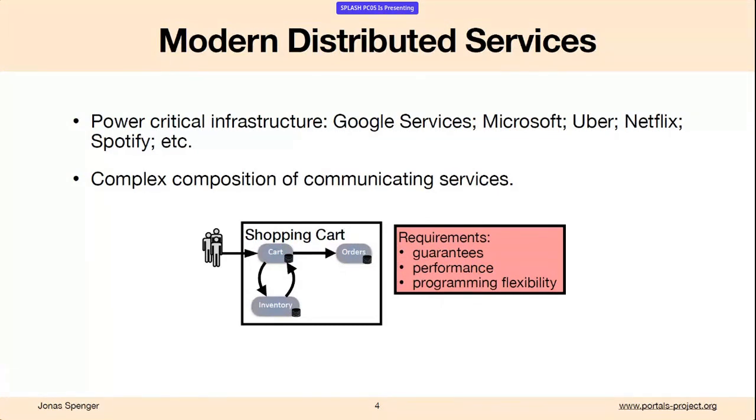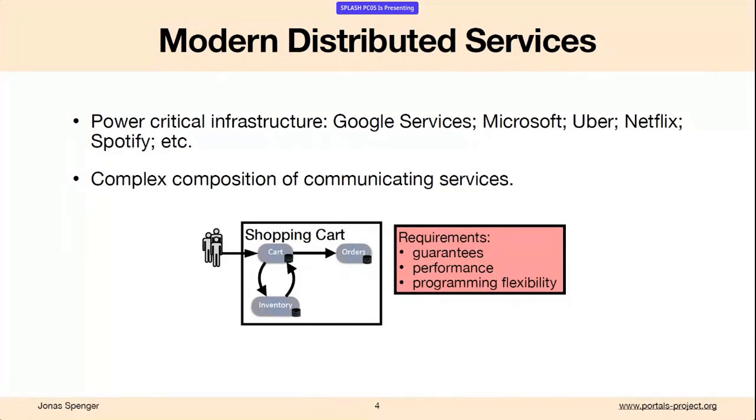For these types of applications, we usually have three requirements. One is the guarantees, and here I will typically talk about exactly once processing guarantees, which, if you haven't heard of it, is more or less that you can assume that there are no failures in your system, that it should behave as if there are no failures.